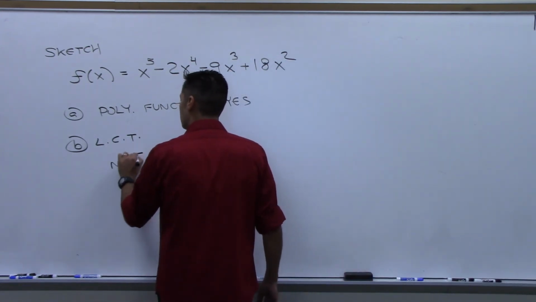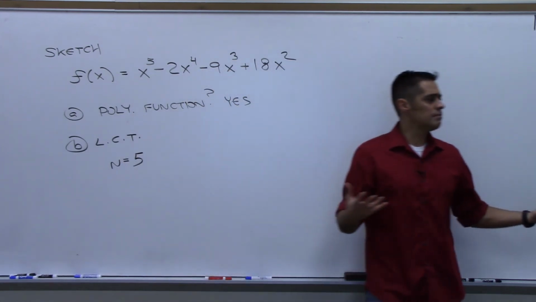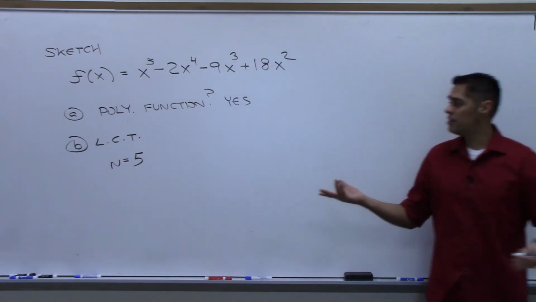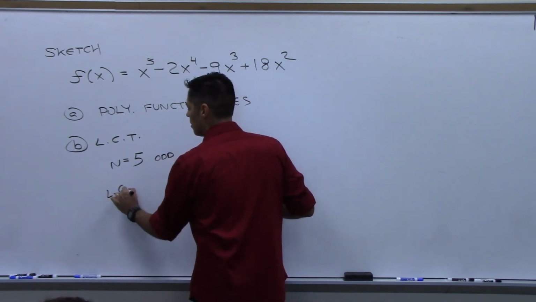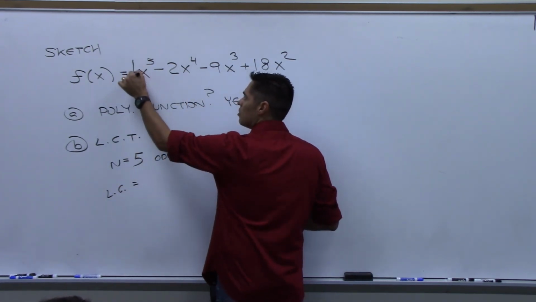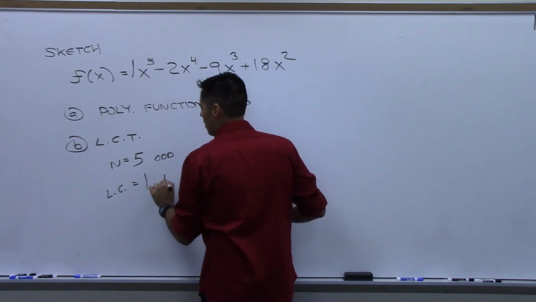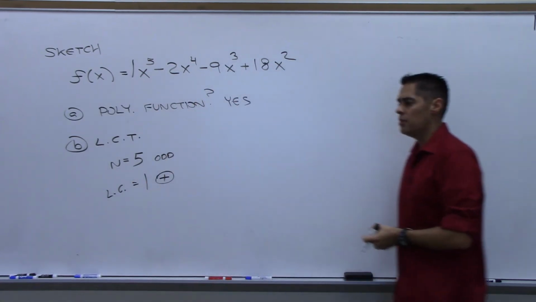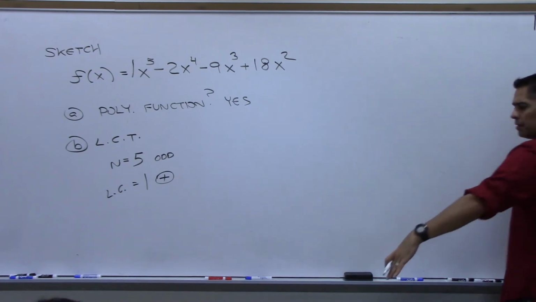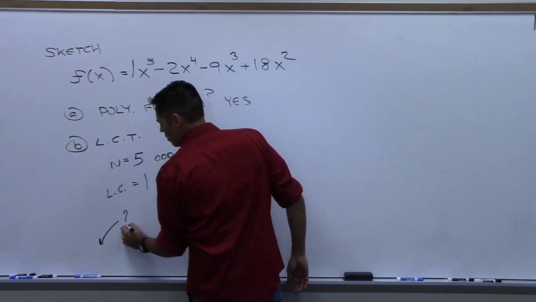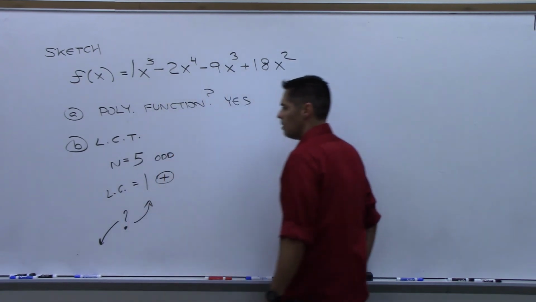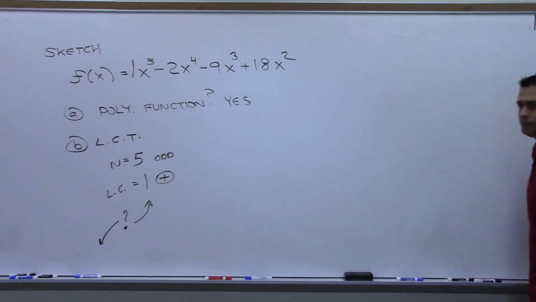And what are we looking at? If that number is odd or even. So this is odd. Then we look at the leading coefficient, the number in front, which is 1, and that's a positive number. That's what we're looking for with leading coefficients. So it's going to do this thing. Down on the left, up on the right. That's what we have so far.